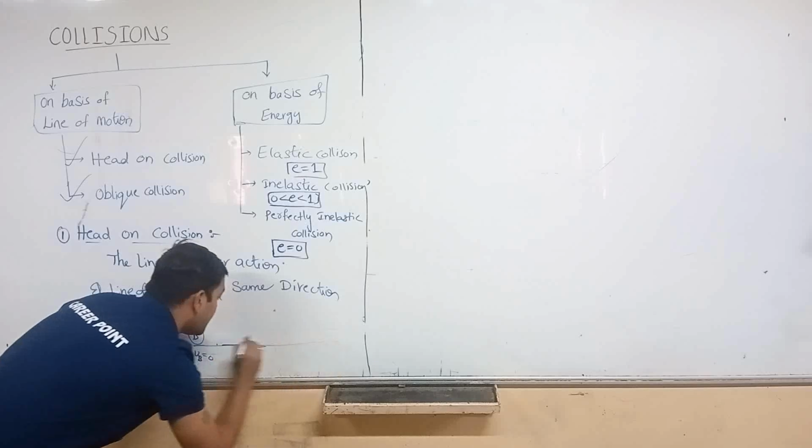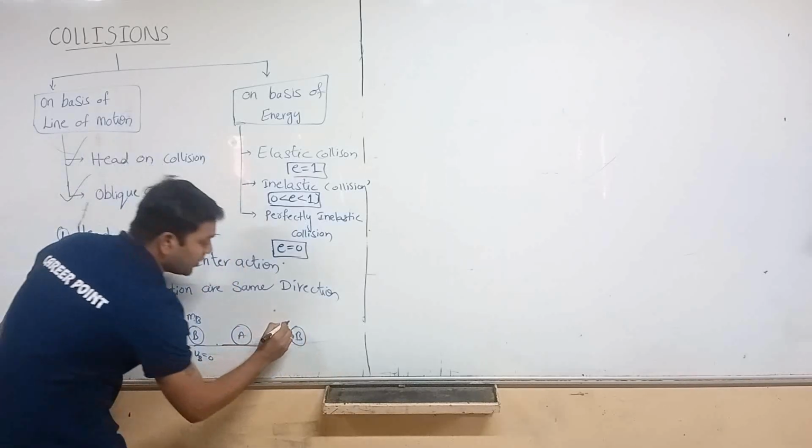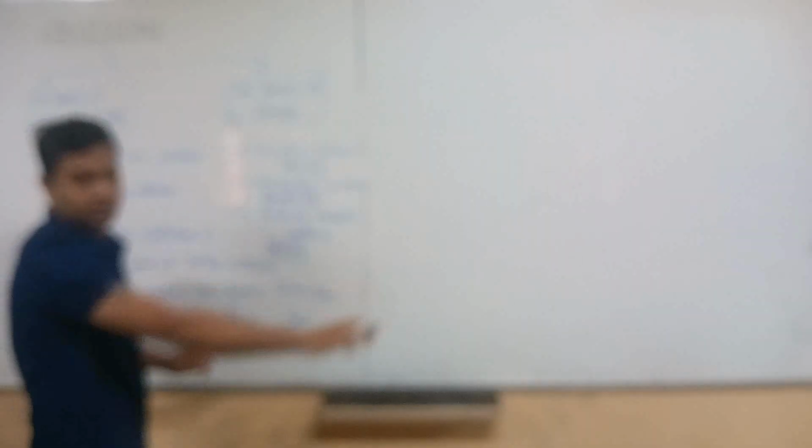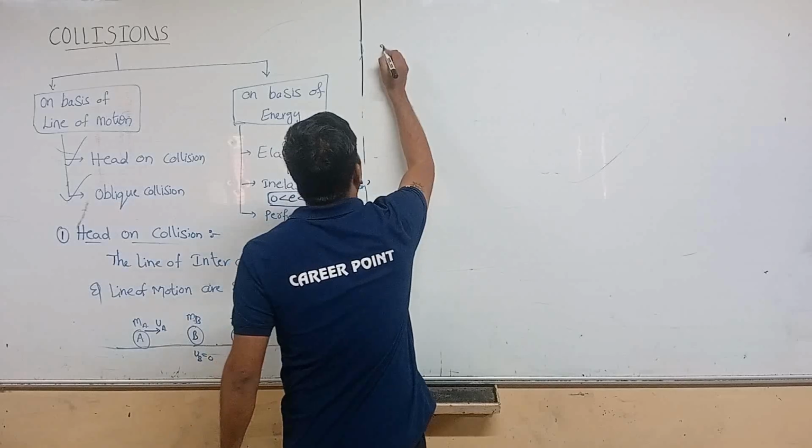The line is not changed here. So the line of interaction and the line of motion are in the same direction, and for that reason we say it is a head-on collision. We can also call it a one-dimensional collision.